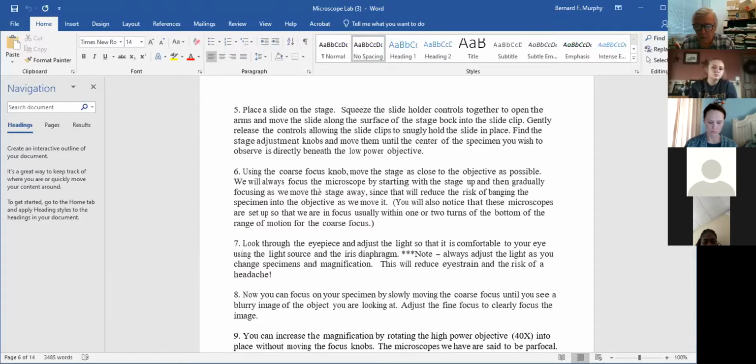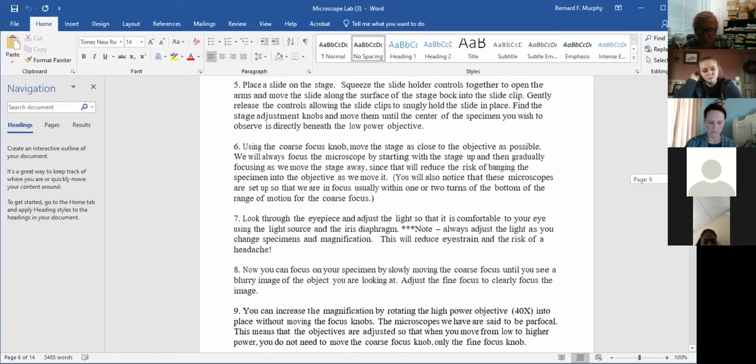You move the slide to the middle. And then seven, look to the eyepiece, adjust the light so it's comfortable to your eye. And also, the two oculars are adjustable to set up for your particular eye width, the distance between your eyes. Okay, and then you focus in.